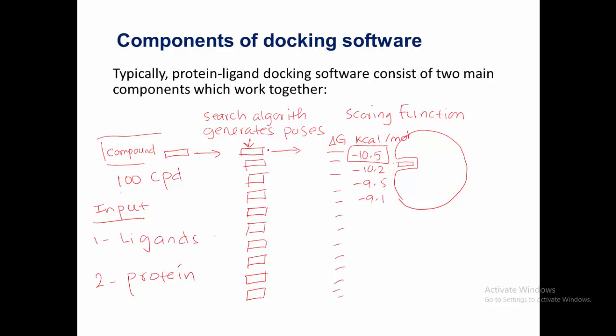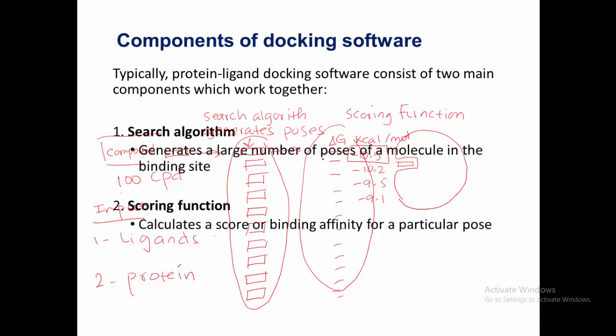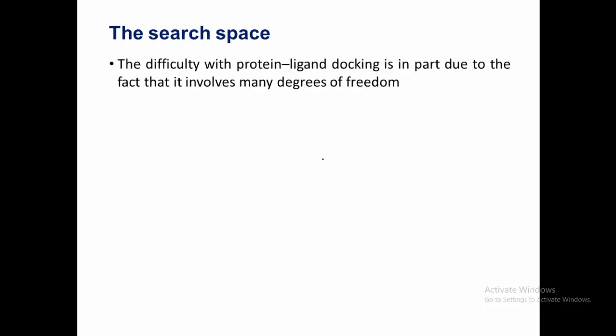The output are poses and binding energy for each pose. So this is the explanation of how molecular docking runs, or how the search algorithm and scoring function work. The search space, how the software, or the search algorithm, works.